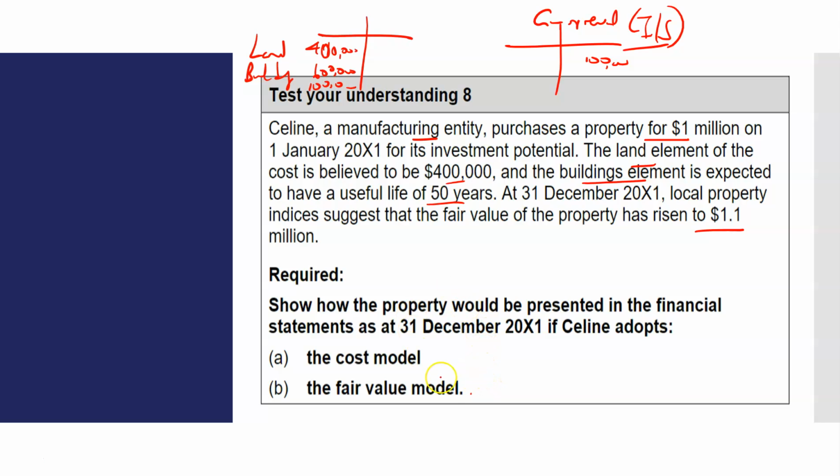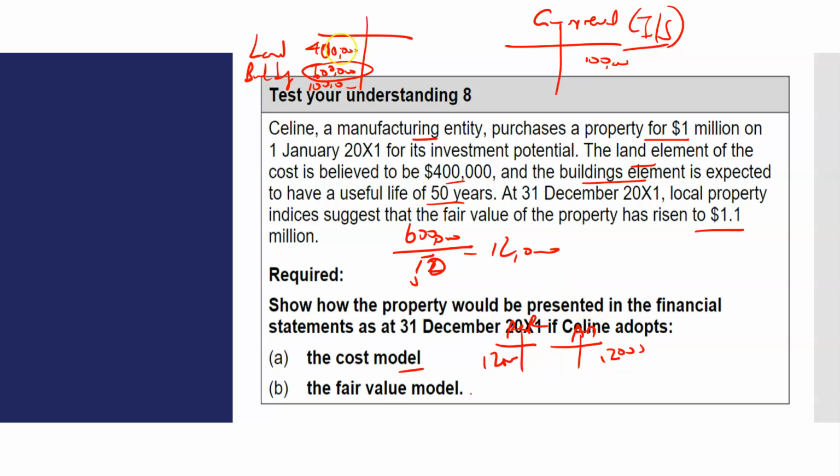You can measure reliably. The cost model, on the other hand, is different. The cost model is IAS 16, and it says you need to depreciate the 600,000 over 50 years. We do not depreciate land, of course. So 600,000 over 50 years is equal to 12,000. I need to recognize accumulated depreciation of 12,000 and a depreciation expense of 12,000.